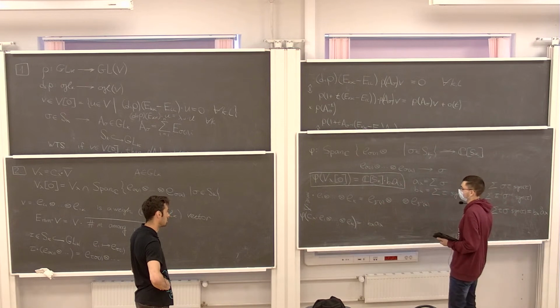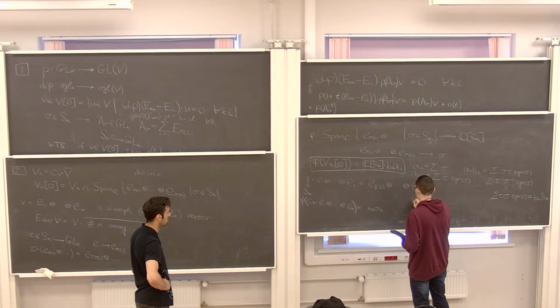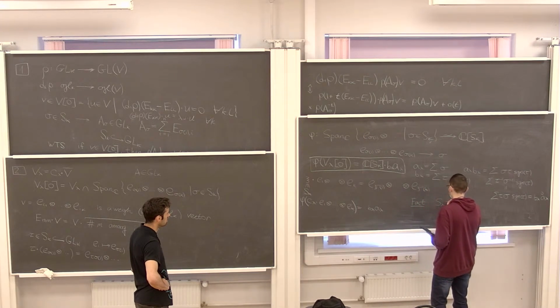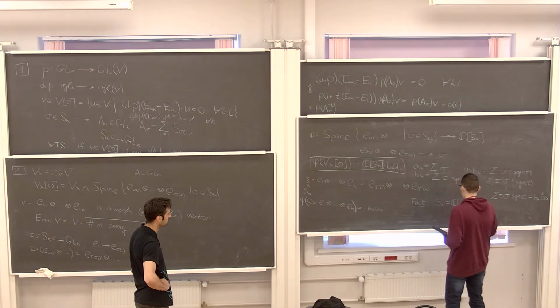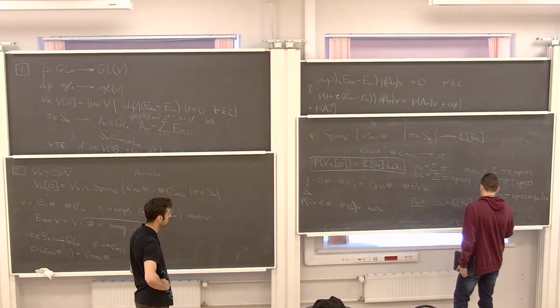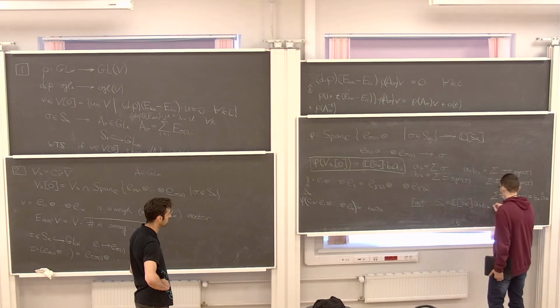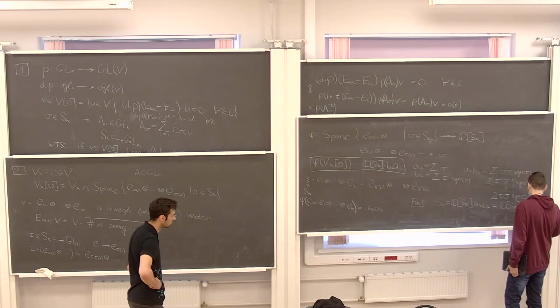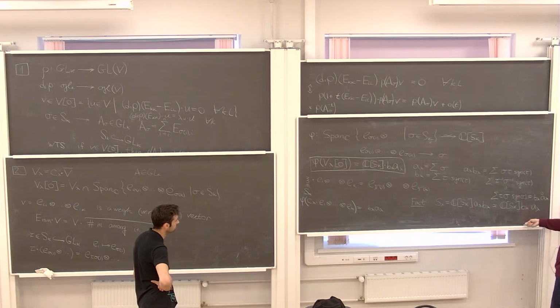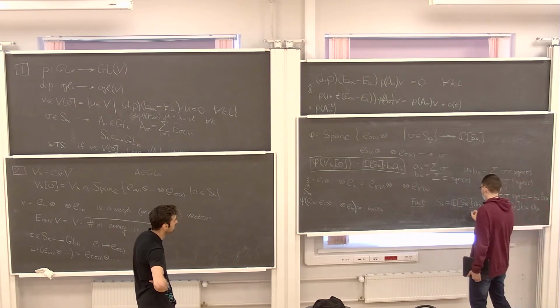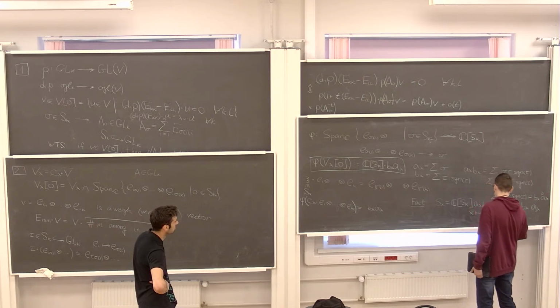And finally, it is an easy fact that S lambda, which is by definition such a thing, is isomorphic to, and it is a really easy fact because we can construct an explicit isomorphism.